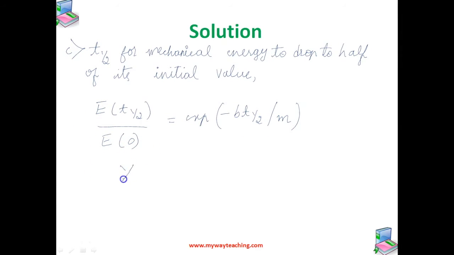So here this is equal to 1 by 2. If you take exponential this side, we get ln of 1 by 2 equal to minus b t by m.